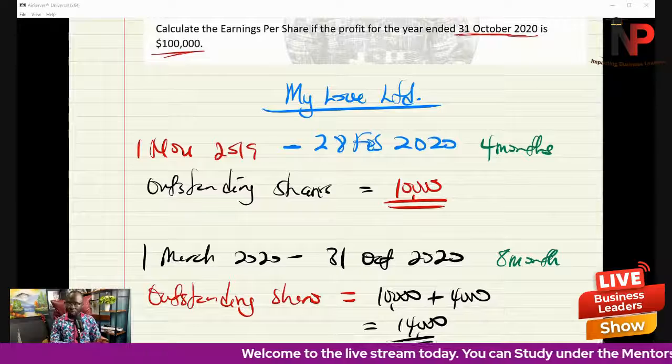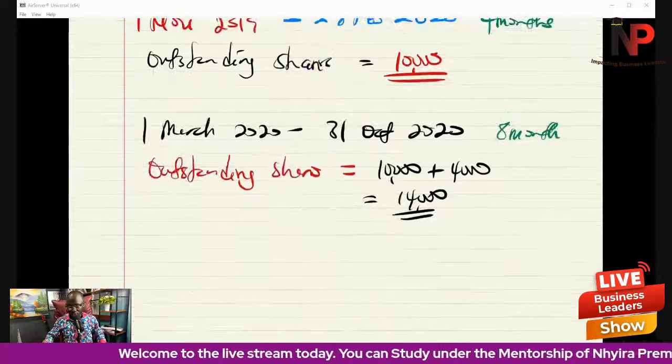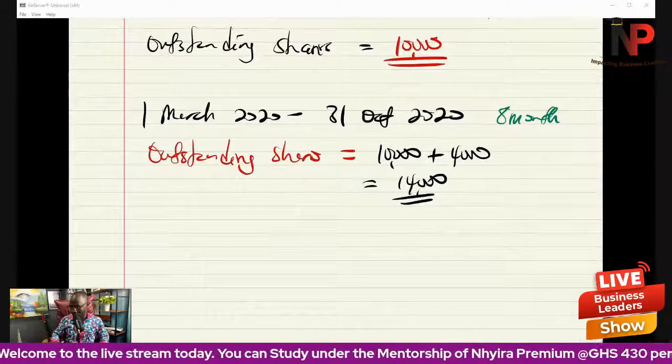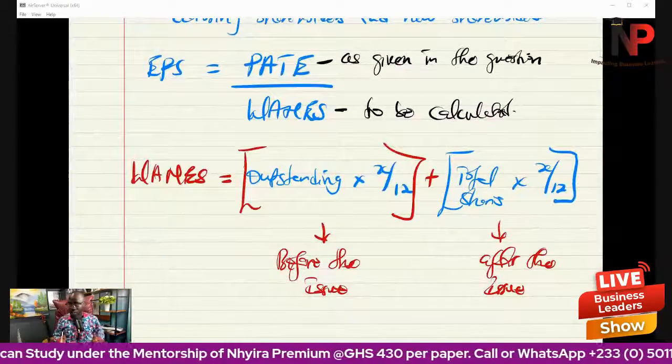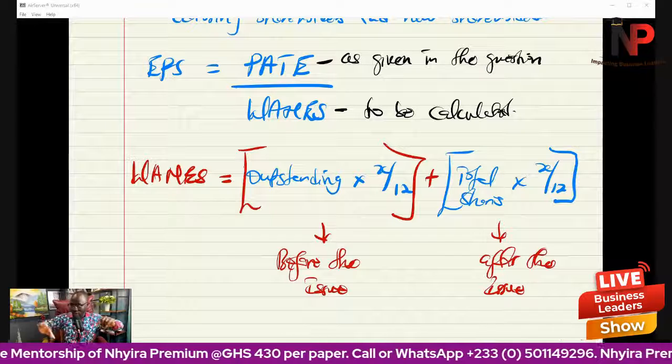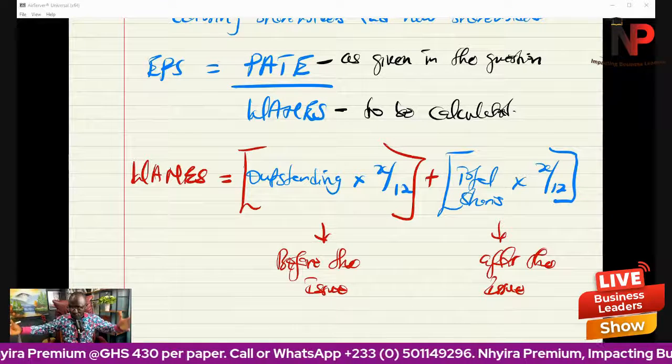Now, how then do we calculate the weighted average number of equity shares? Remember, like we said, when you are calculating the weighted average number of equity shares, you are taking the outstanding shares, the number of periods, the total shares, the number of periods.